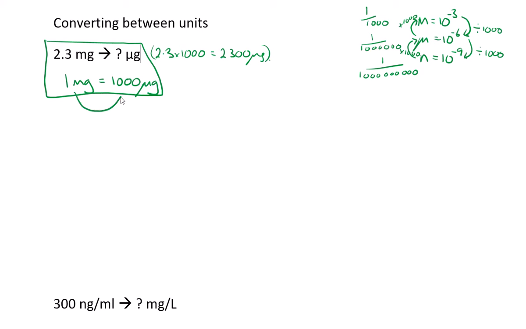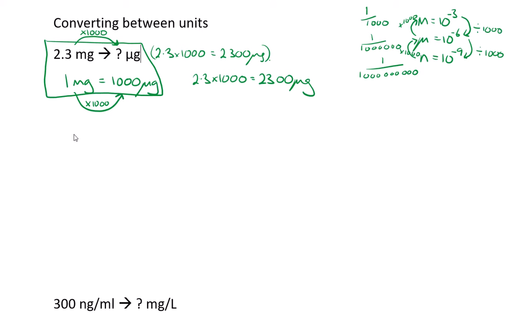So 1 to 1,000, you multiply 1 by 1,000 to get 1,000. So we have to do the same, keep it in the same ratio. So 2.3 times 1,000 gives you 2,300. We ended up with the same result. So that's one way of doing it.